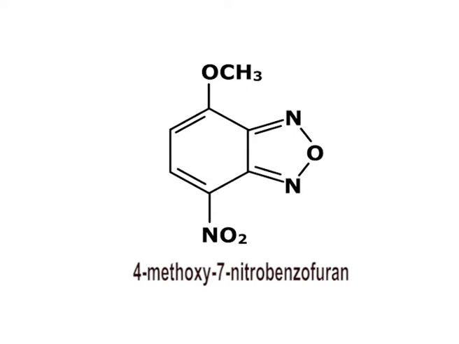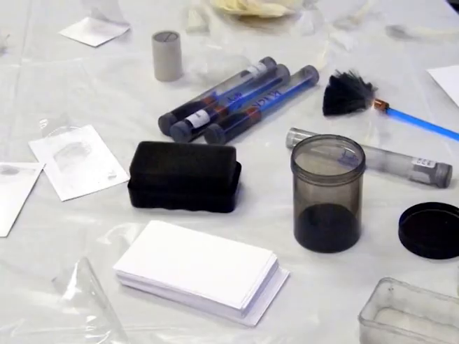The most important compound of this classification, which is mostly used for latent fingerprint detection, is 4-methoxy-7-nitrobenzofurazan. Its structure has been shown here. The spray solution is prepared by dissolving 100 milligrams of 4-methoxy-7-nitrobenzofurazan in 1 ml acetonitrile and diluted with 100 milliliters of fluoresol.